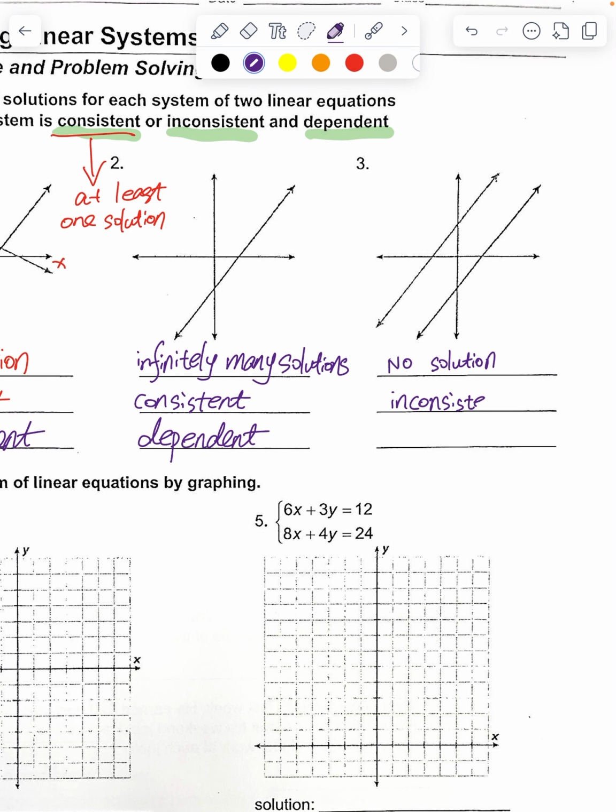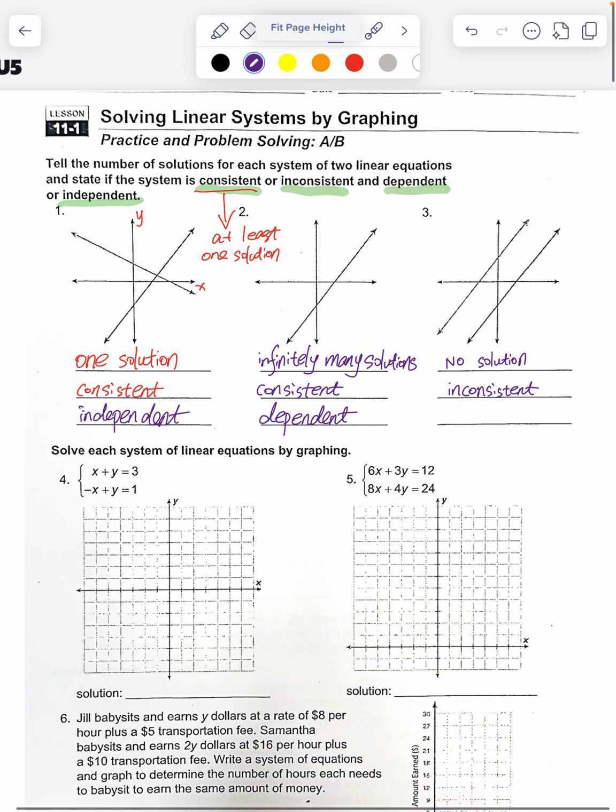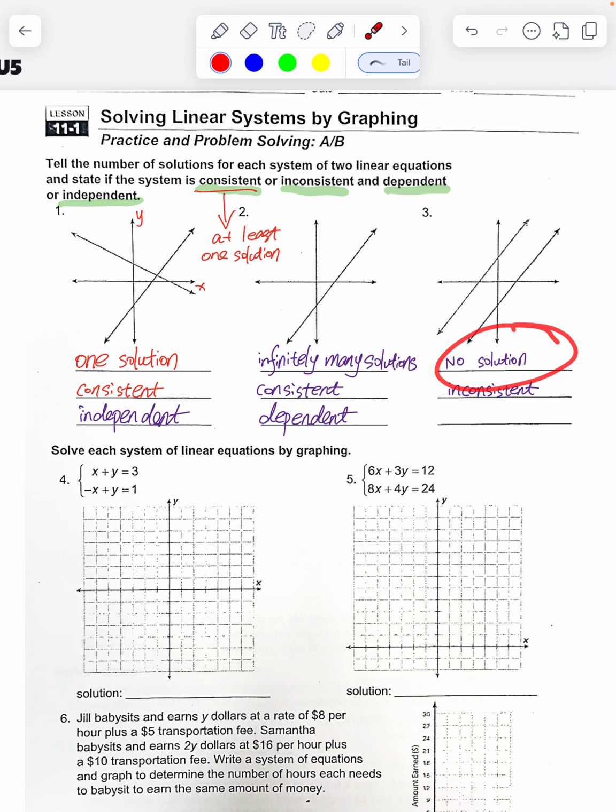Inconsistent. And they are not dependent or independent. So all we need to put is no solution and inconsistent.